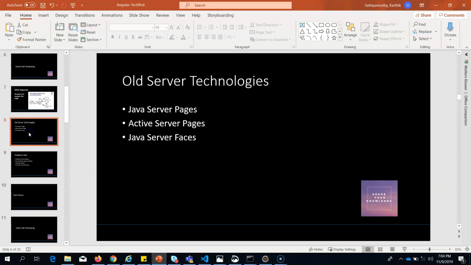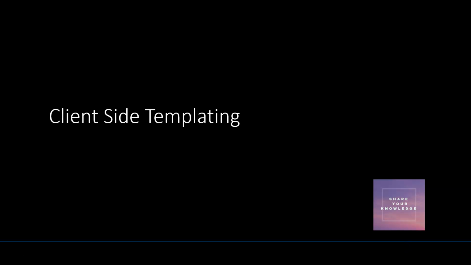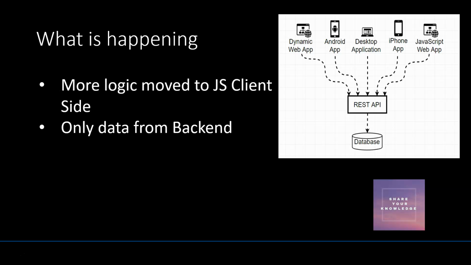Let us now proceed with client side rendering, what we are using right now. Client side templating. What really happened in this? People thought, let us move some of the logic to the front end. Whatever logic can be moved, they moved to the front end. This resulted in more JS files on the front end. They said, why do we have to go to the server for HTML?